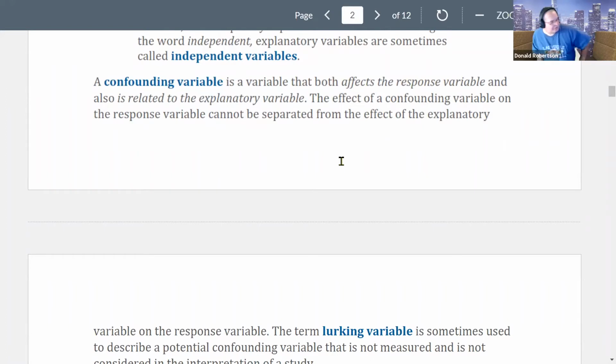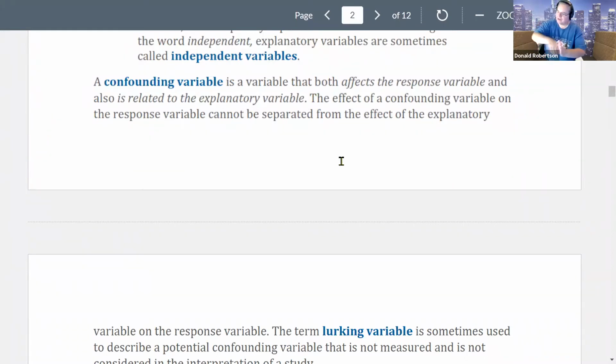Here is confounding variable, sometimes called lurking variable. We've met this guy before. Remember regression when we did number of TVs against your life expectancy? The lurking or confounding variable was, you weren't really measuring how many TVs, weren't you measuring the wealth of the country?